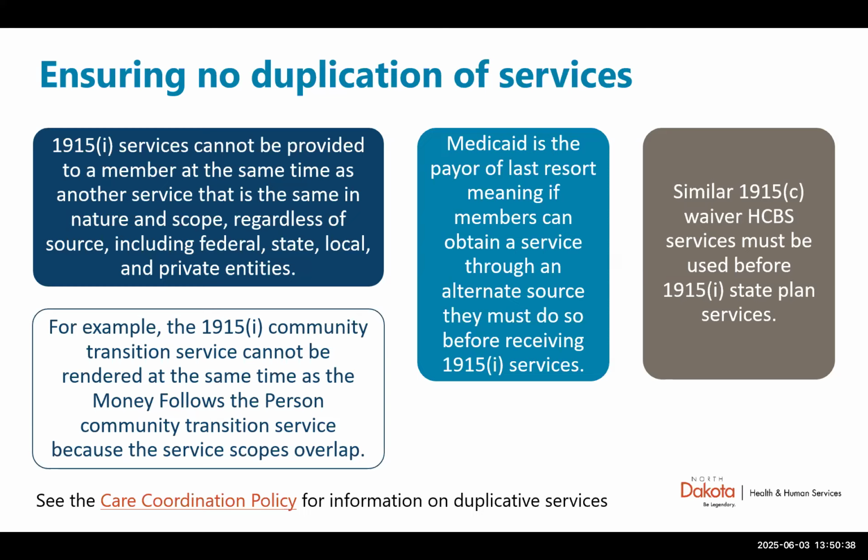Another example is that 1915i community transition services cannot be rendered at the same time as Money Follows the Person because they have the same scope. The care coordination policy again goes into detail about duplication of services, what to do, what to look at, things of that nature. So we really stress that people read that policy and look at the section that talks about duplication of services first.